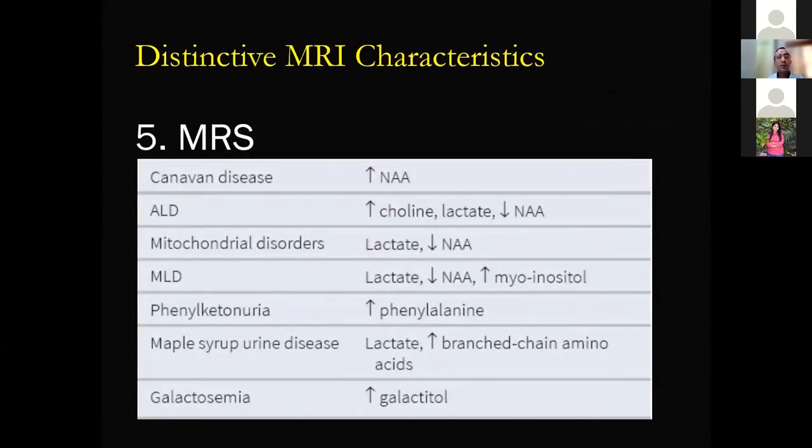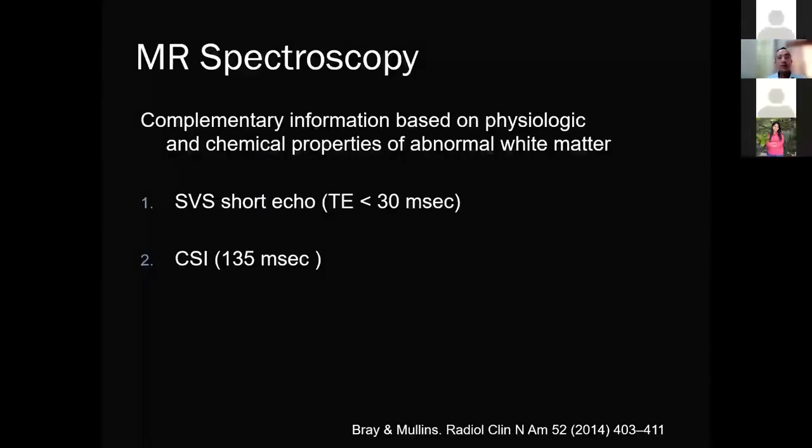Spectroscopy is another important modality in the MRI, which helps in characterizing the various white matter disorders. It's a complementary sequence in addition to the structural imaging, and it is based upon the physiological and chemical properties of the abnormal white matter.